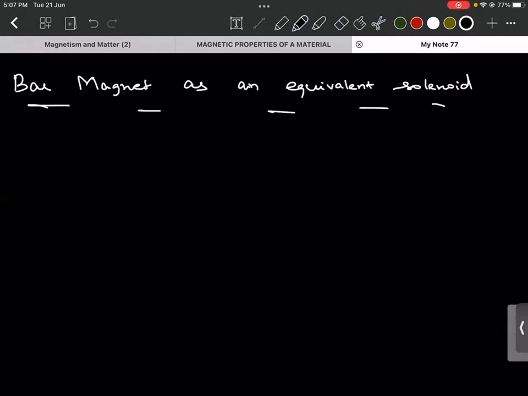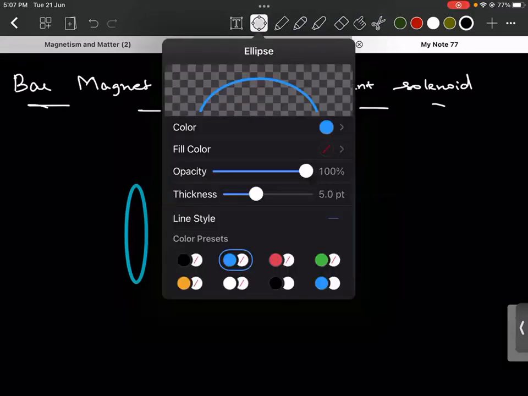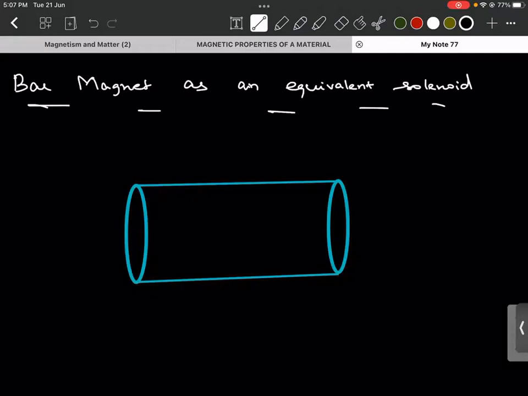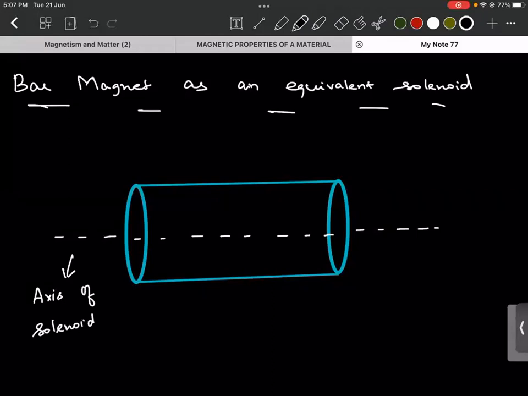So when I take a solenoid like this, where the winding is very close together, I can say there is an imaginary line perpendicular to the cross-sectional area, which we call the axis of the solenoid. Similarly, a line can be drawn perpendicular to it through the center.